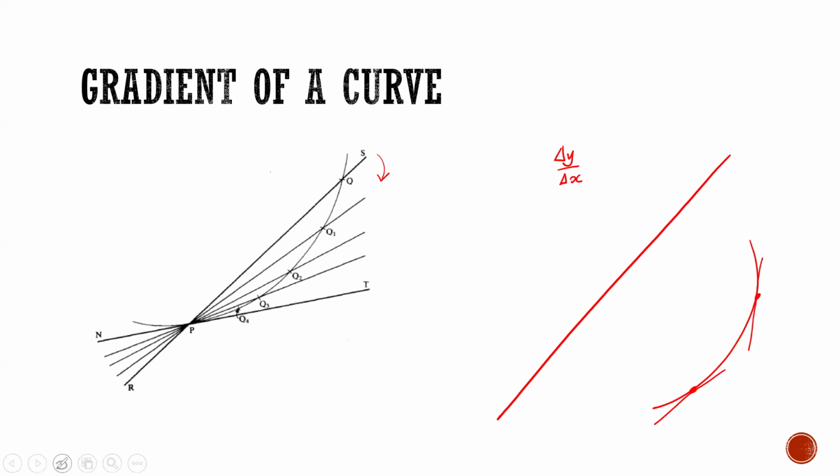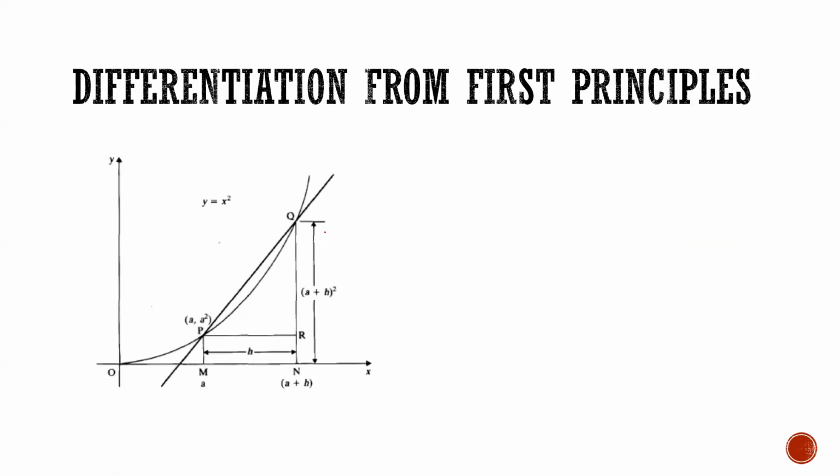Let's look at an example. If we consider the function y is equal to x squared, in this case, we give point P the coordinates a, a squared, since the curve is y is equal to x squared, and we've considered a point Q whose x coordinate is a plus h, and therefore its y coordinate will be (a plus h) all squared. Now, what do we know?